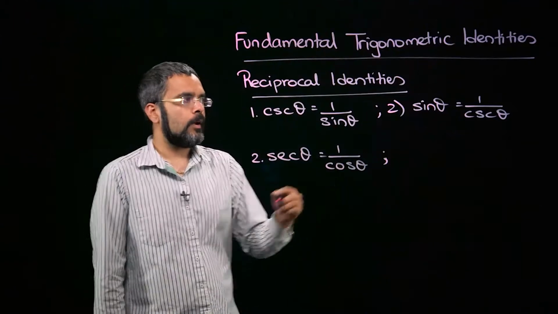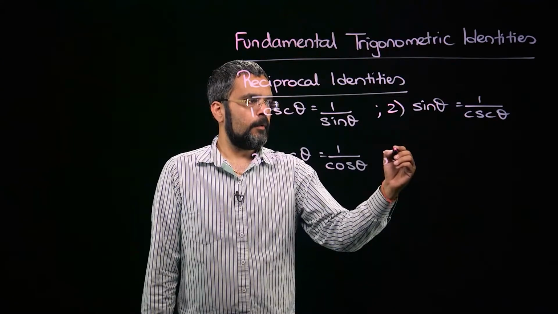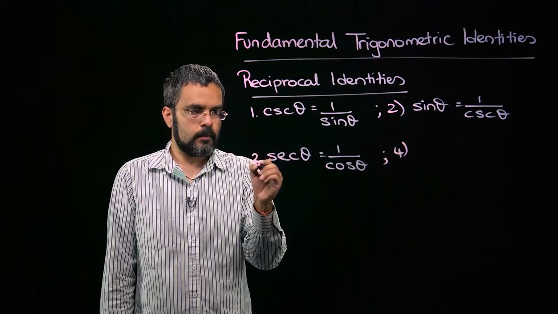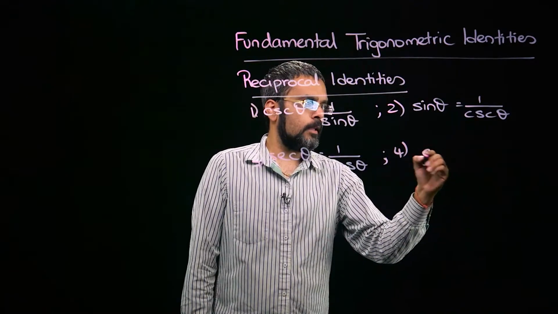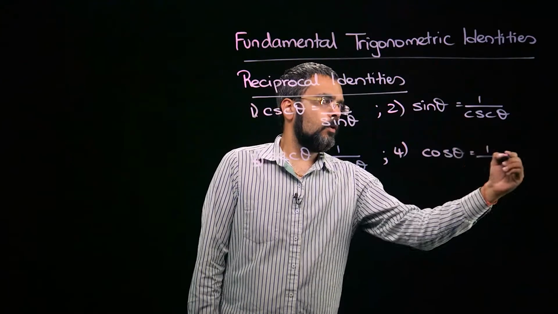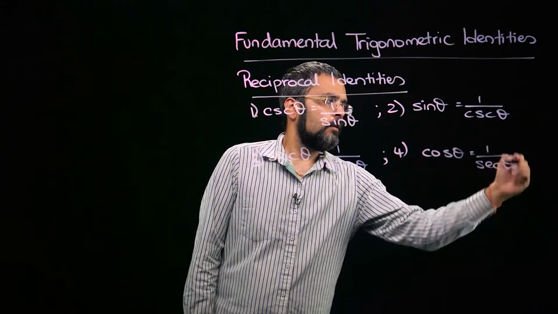and then that can be paired up with the other identity, which is number 4. That is cosine theta is 1 over secant theta.